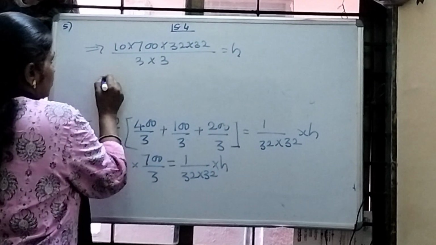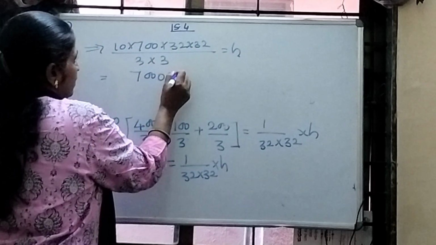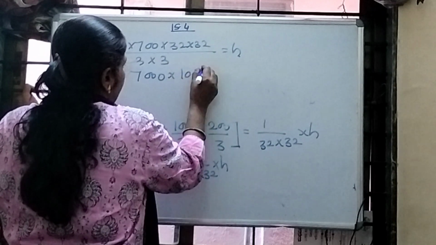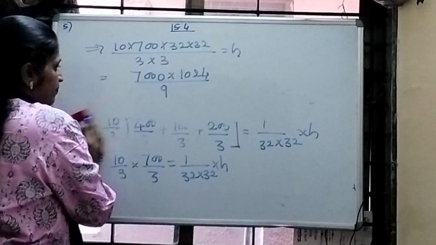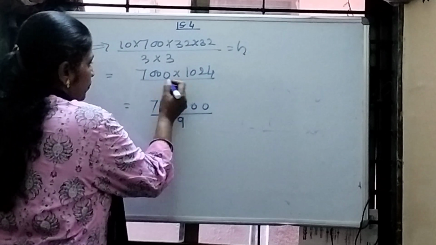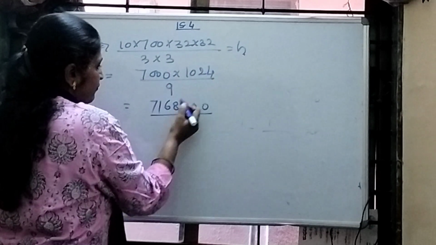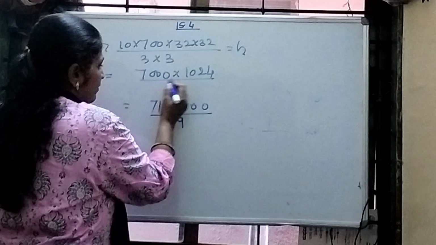So 700 into 10 is 7000, into 1024, divided by 9. When you multiply, we keep the 3 zeros like this. 7 4s are 28, 7 2s are 14 plus 2 is 16, and 7 ones are 7.